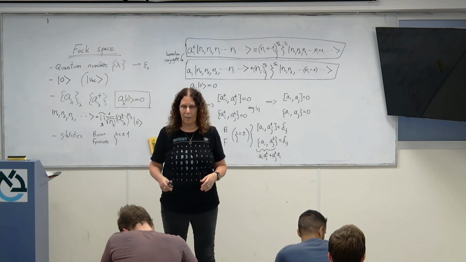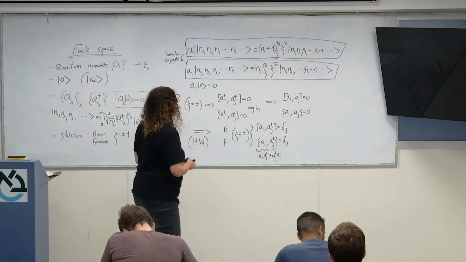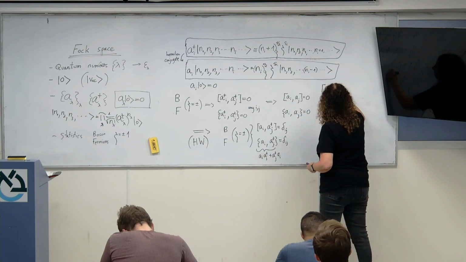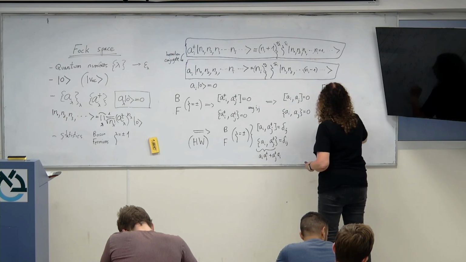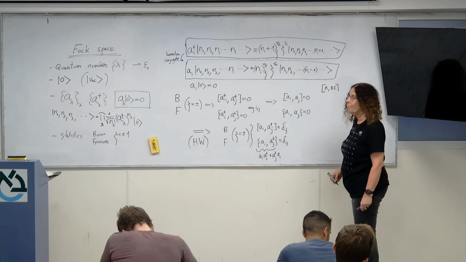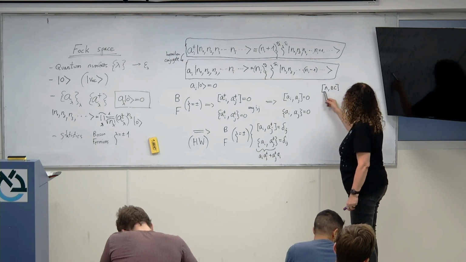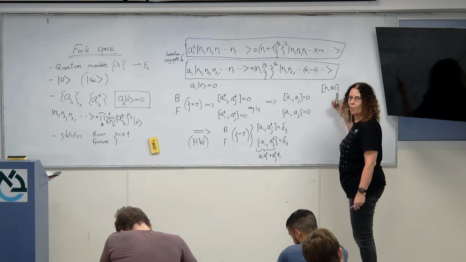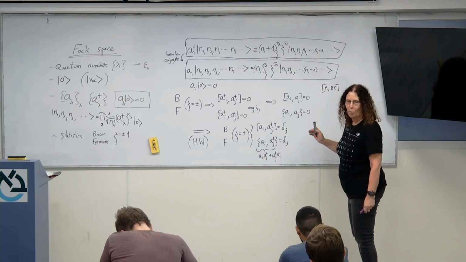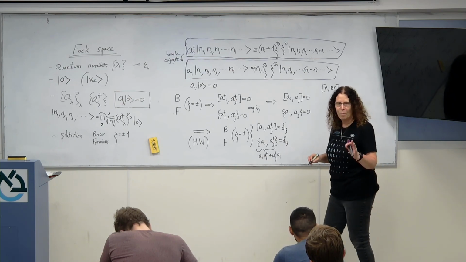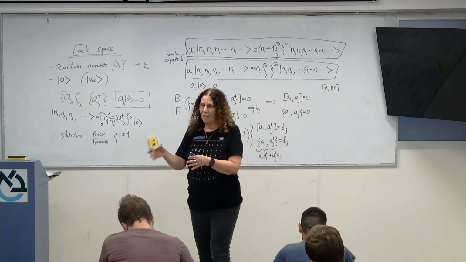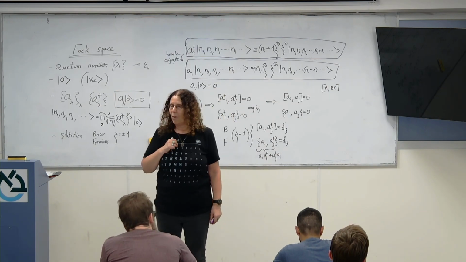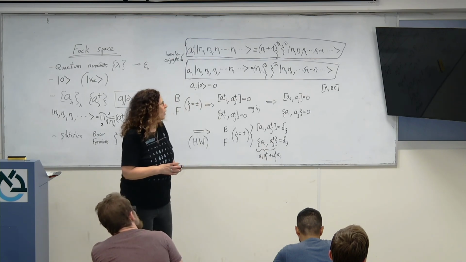But there are some formulas, just to give you an example of the kind of tools you need. Suppose I have three operators, A, B, C, and I have to calculate the commutator of A and the product of B and C. This can be reduced to a sum of contributions. I'm not writing the formula here, but you can write it as a sum of two things that involve only commutators of two.